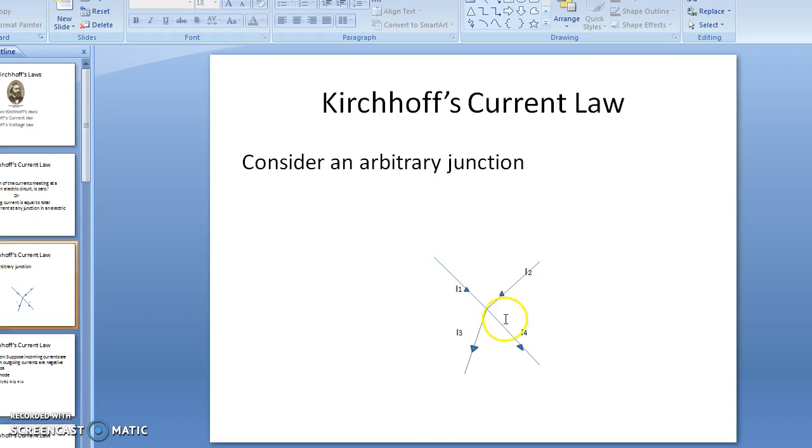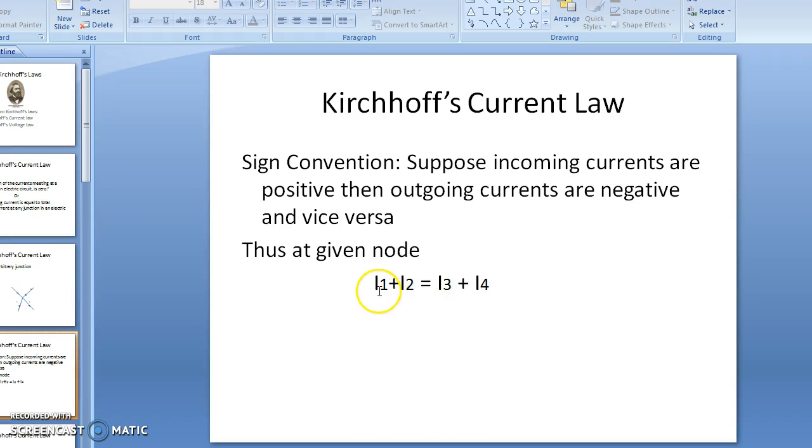Thus, applying Kirchhoff's current law at the given junction, total incoming current is I1 plus I2, whereas total outgoing current is I3 plus I4. So according to the law, the total incoming current should be equal to total outgoing current.